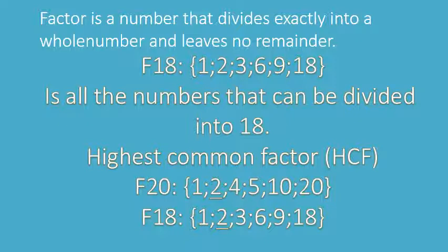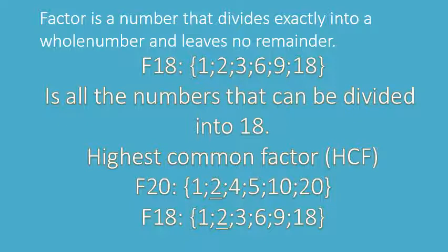Meaning 1 goes into 18 18 times. 2 go into 18 9 times. 3 go into 18 6 times. That is why we write it 1 and at the end 18. 2 and then just before 18 9, and just before that we have 3 and 6. So that is all the factors for 18. So factors is all the numbers that can be divided into a number.